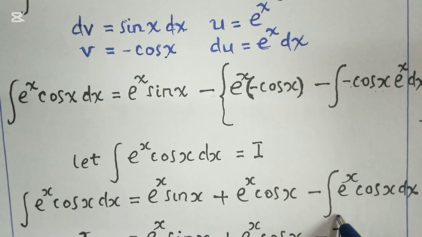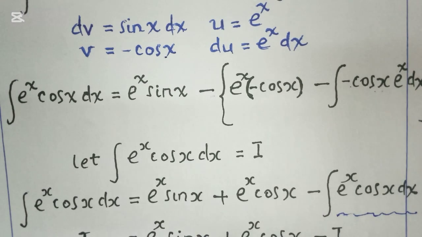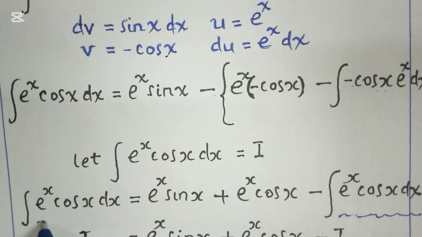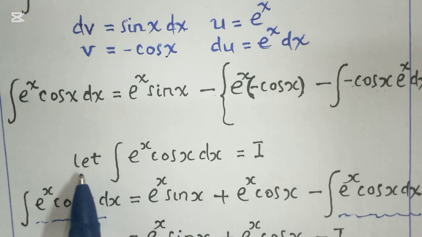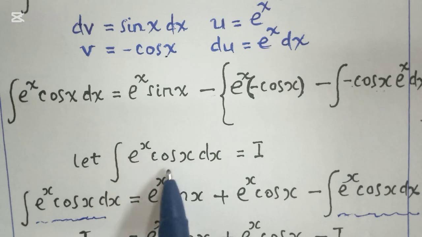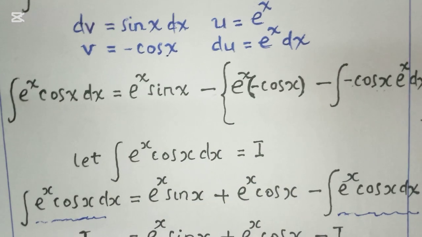Now this value we get here, guys, as you can see, is actually the same as our question. Our question here, that is the integral of e^x cos x dx, is the same. And that's why now, guys, I have come and said, let the integral of e raised to x cos x dx be equal to I. So that's what I have done, guys.